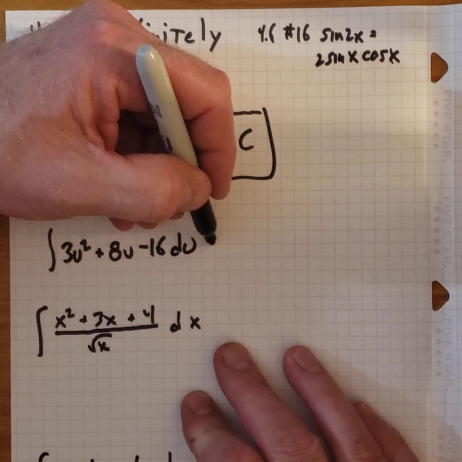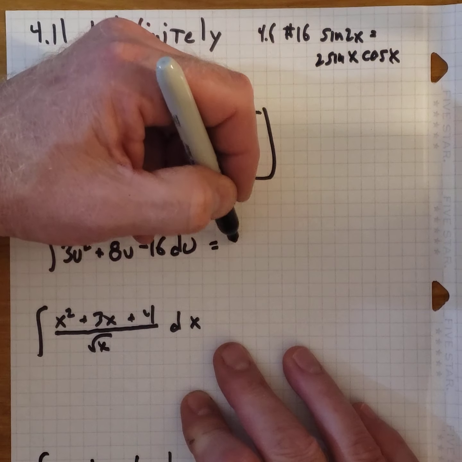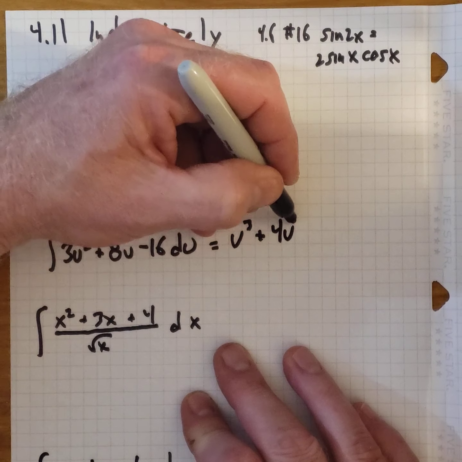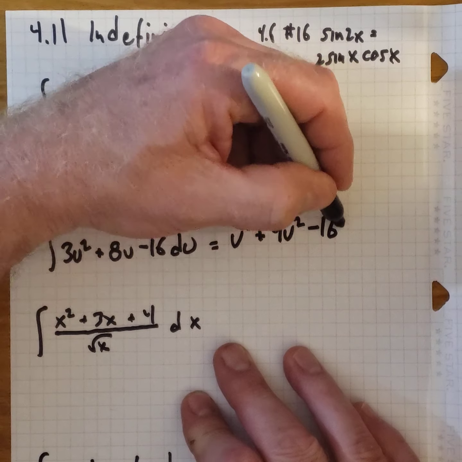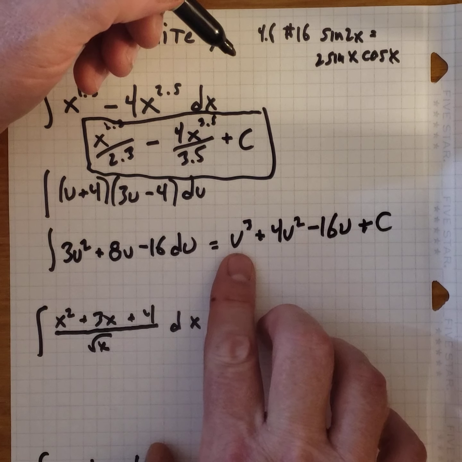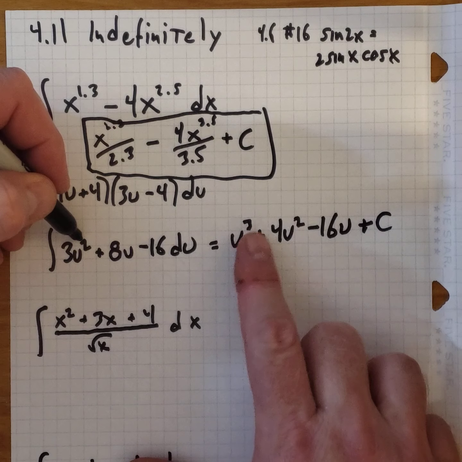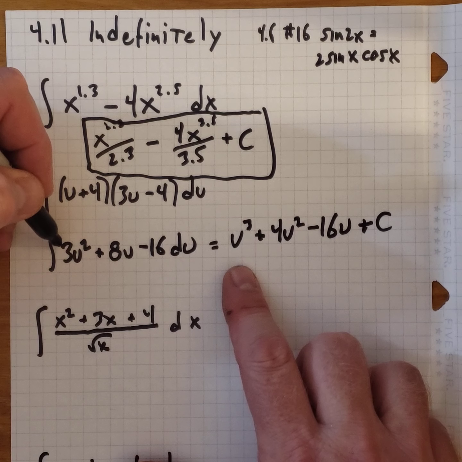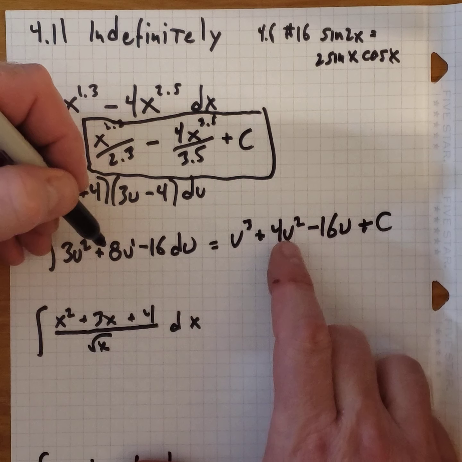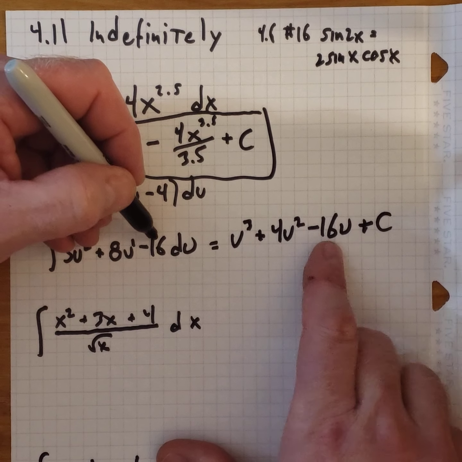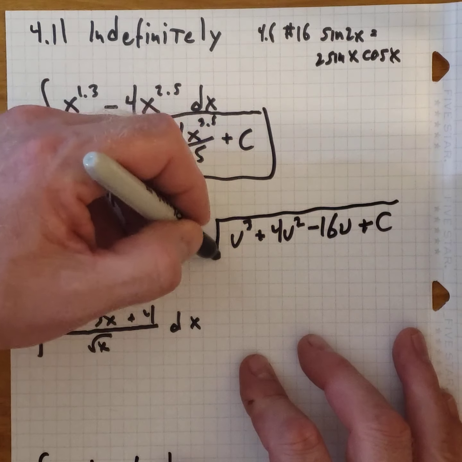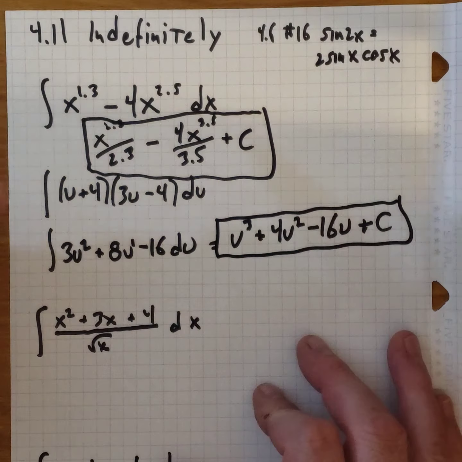And then that is going to give us u cubed plus 4u squared minus 16u plus c. Okay, I don't think any of that's mysterious. We increased the 2 to 3, then divided by 3, which canceled that out. We increased the 1 to 2, divide by 2, that gives us the 4. And there we just tack on the u and the plus c. Done.